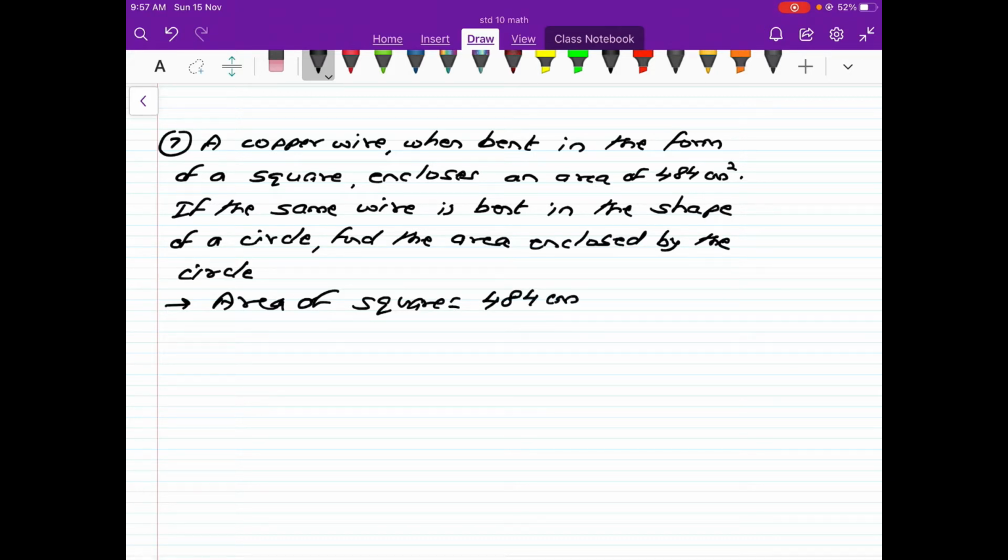484 centimeters square. Therefore the side of the square is, we have to just find the square root of 484. That is nothing but 22 centimeters.